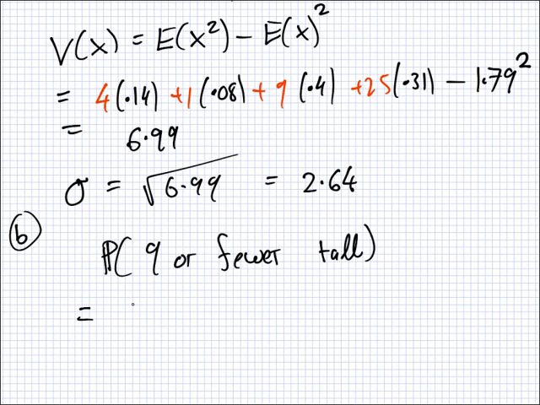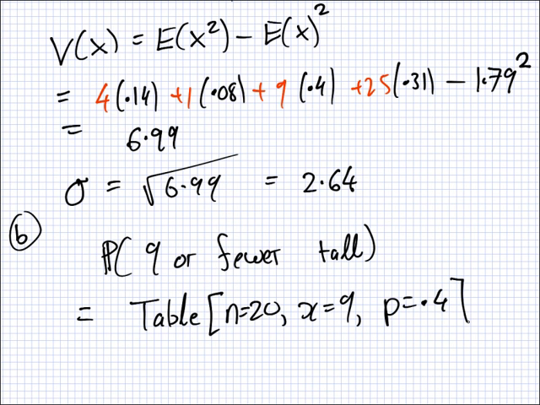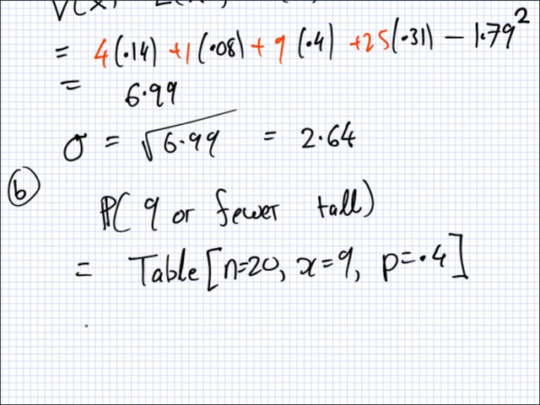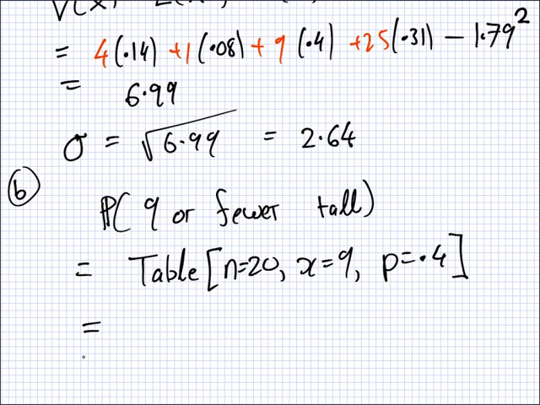So that is just a matter of using the tables. N is 20, X is 9, and P is 0.4. What is it? 0.553? Okay.